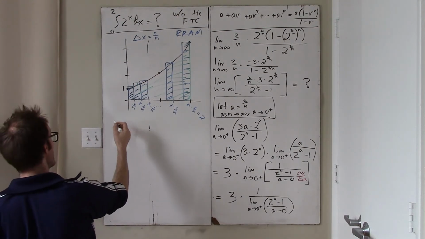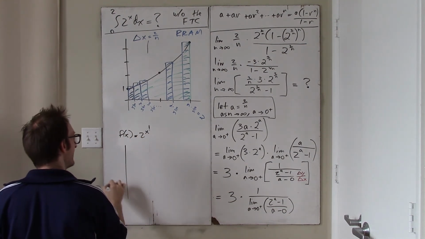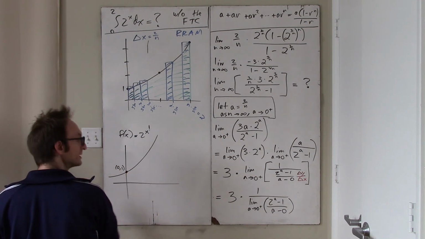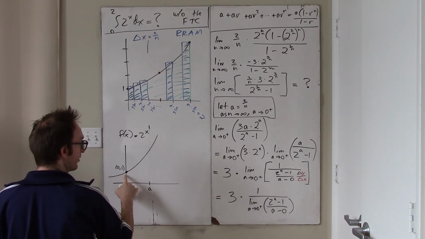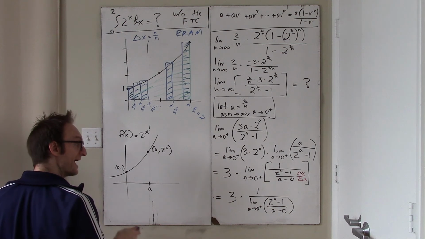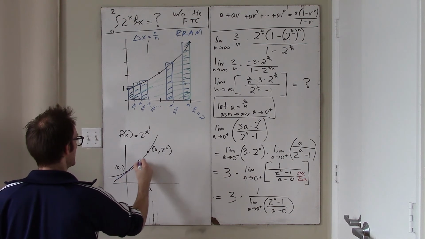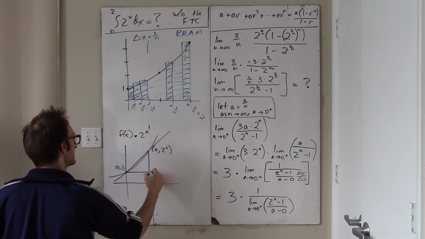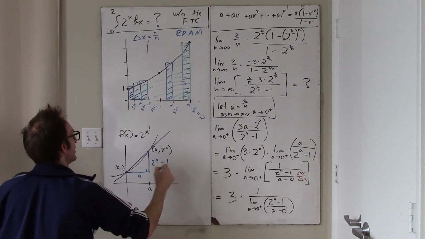Given the function 2 to the x, and a sketch of that function, and given that this is the point 0, 1, and this is some point a, a tiny bit more than that, up here at a comma 2 to the a, then we can draw in this secant line, and we can see that the slope of this secant line has a change in x of a, and a change in y of 2 to the a minus 1.